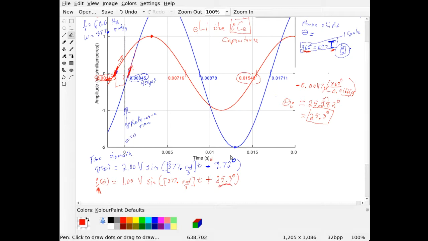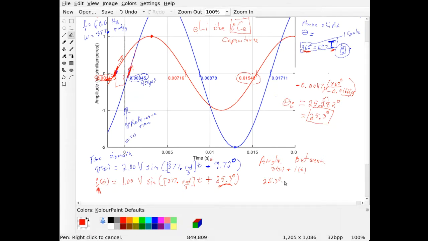Okay, so now notice there's an angle between the voltage and the current. This angle is your 25.3 degrees.